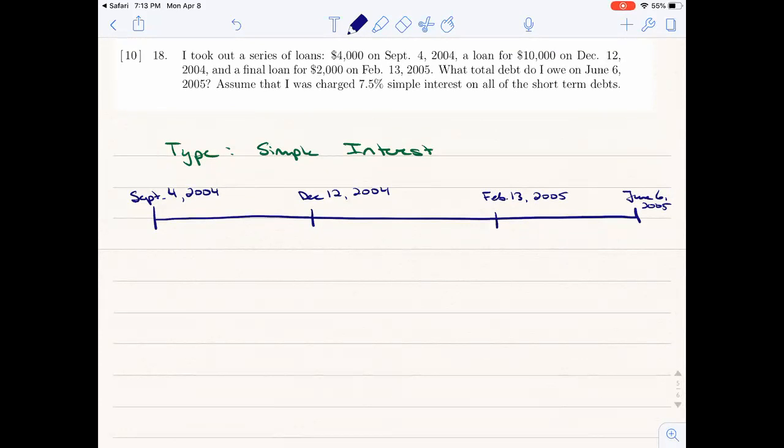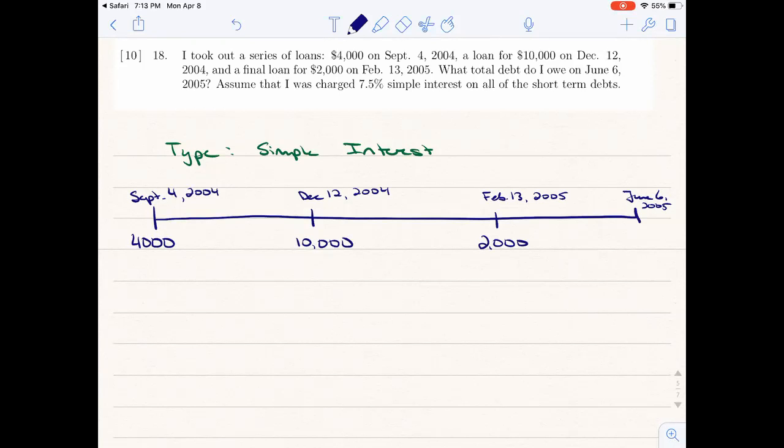Now we've made so many timelines that this seems pretty reasonable, right? Just 4 ticks. And so remembering to put the dates up above and then the amounts down below. So we've got 4,000 on September 4th, 10,000 on December 12th, and 2,000 on February 13th.